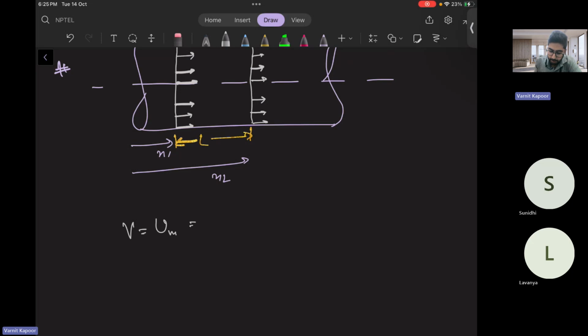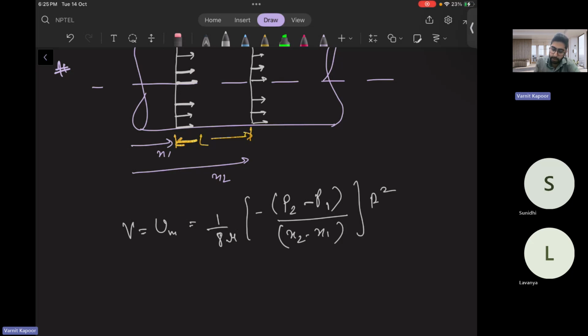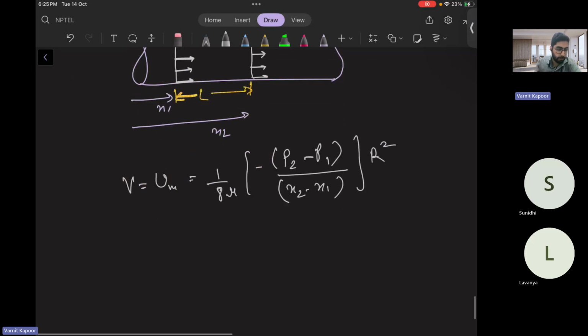So what will it be equal to? 1 by 8 mu, minus dou p by dou x. What will be dou p by dou x? Minus of p2 minus p1 upon x2 minus x1, that is the pressure gradient, into R square. So from here, what will you get? The pressure difference P1 minus P2 will be 8 mu V L by R square.